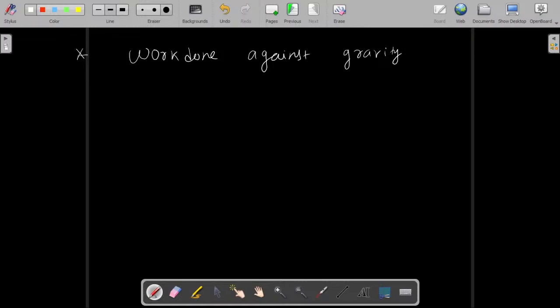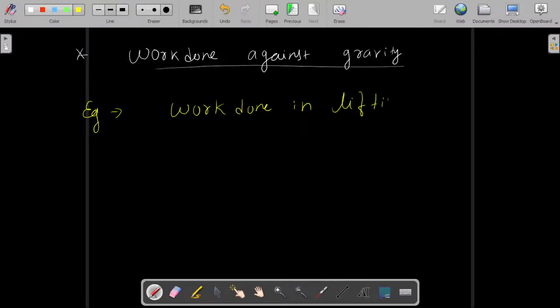In this you write down example. Work done against gravity.